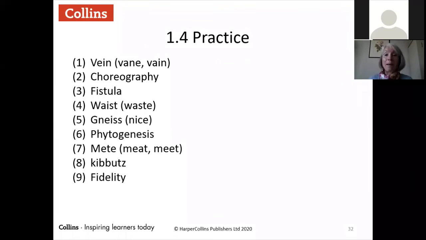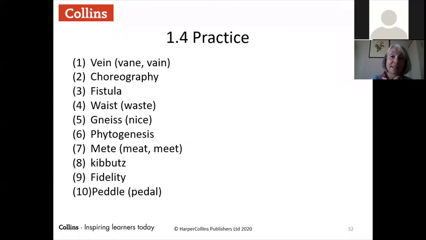And last one, pedal. It's hovering between definition and origin. We've got two possible pedals, pedal and peddle. So peddle meaning to sell or to hawk around, and pedal, a pedal on a bike or pedaling the bike really hard. So you can see that asking for the definition is really, really helpful.